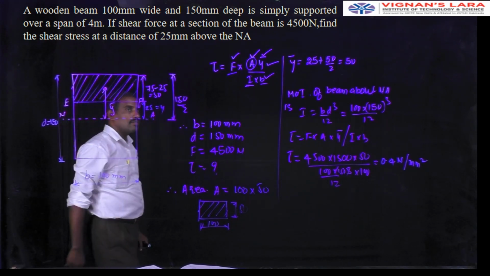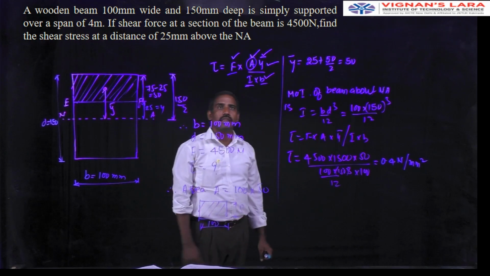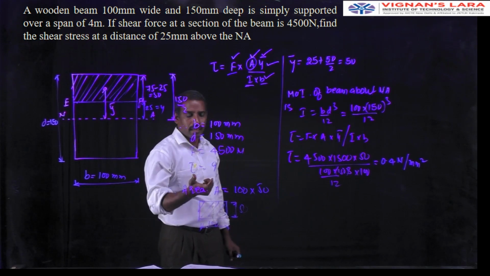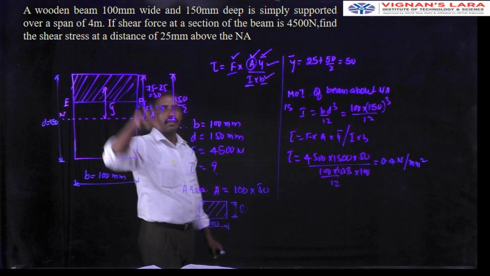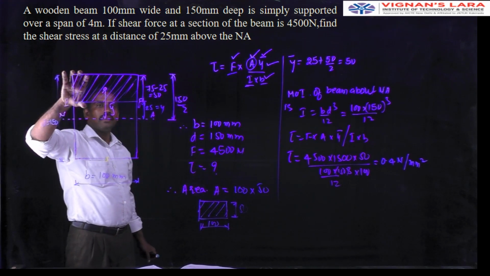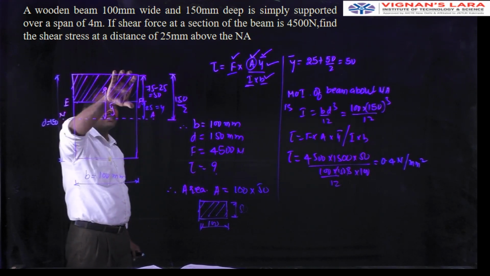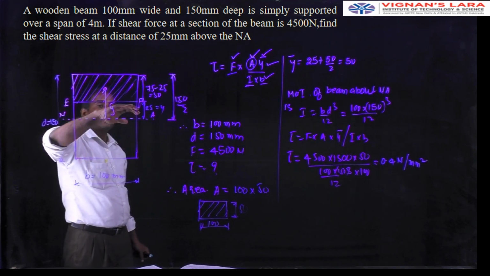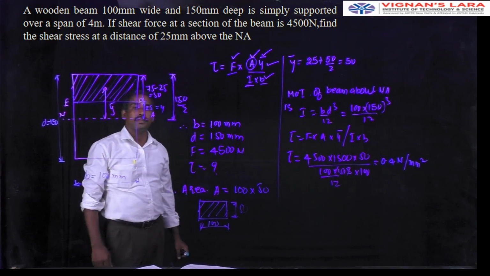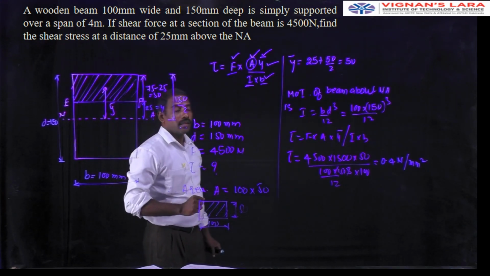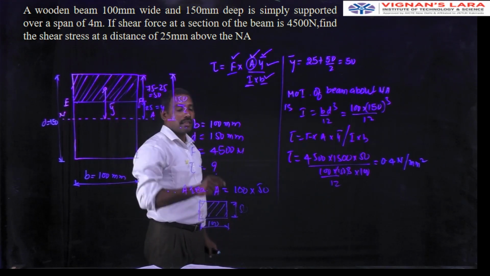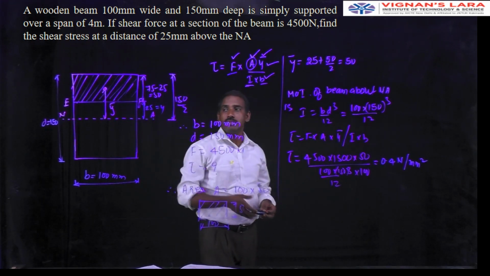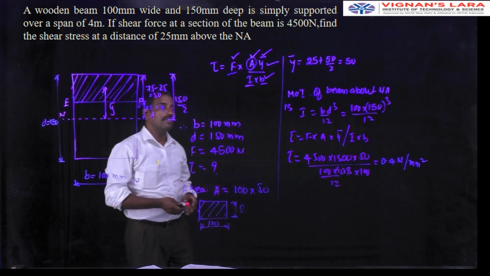For that, we are using the shear stress tau is equal to F into A Y bar by I into B. Here we have to take the hatching portion as area, because we must consider the shear stress at a level EF, which is at a distance 25 mm from the neutral axis. The above portion is the A, which is equal to 100 into 50, and then Y bar is known. How to calculate the Y bar as well as the moment of inertia.